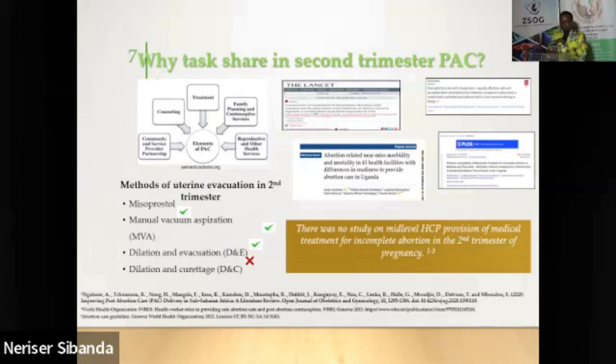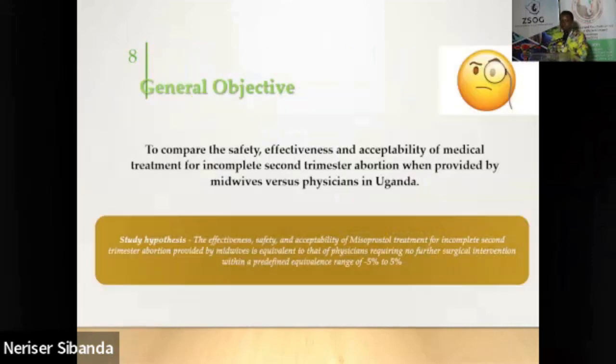A number of studies have been done on task sharing in the first trimester, and by the time we initiated this study, there was no documented study on task sharing in the second trimester. And if you look at the WHO abortion care guidelines that were released this year, there is no evidence in there, and it's a gap that was highlighted, making this study very relevant.